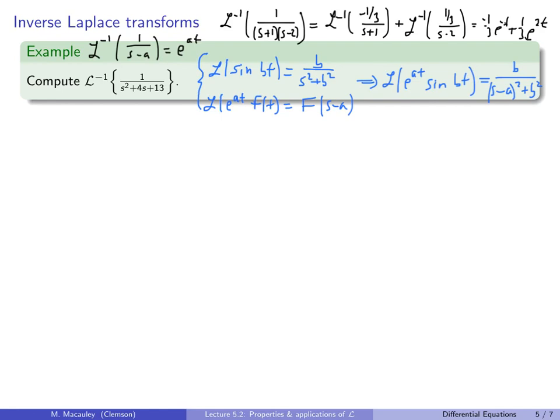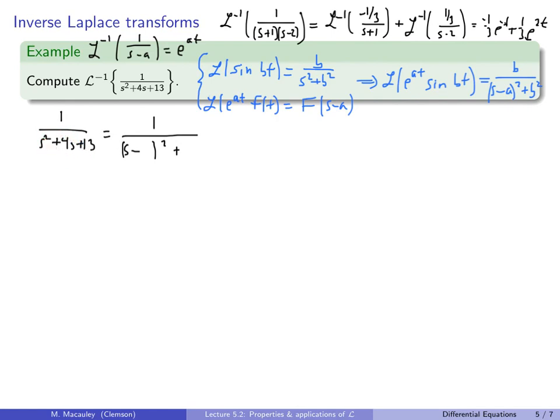So, 1 over s squared plus 4s plus 13. Here's what I like to do. We need to write this as s minus something squared plus something else, and then figure out what goes in each place.